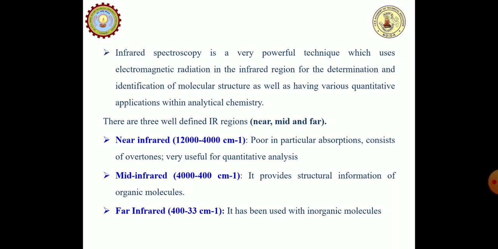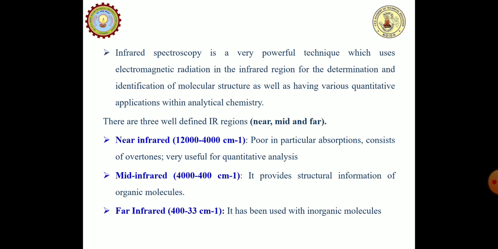IR spectroscopy is widely used to determine the functional groups which are present in an organic molecule, and also to study molecular interaction or atomic interaction in a material or sample. We can easily investigate this by using this technique.